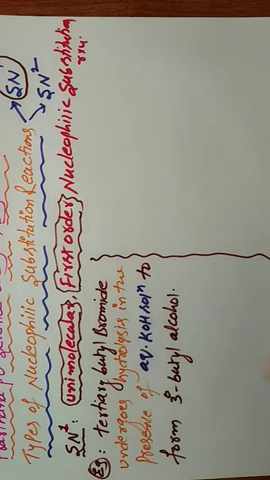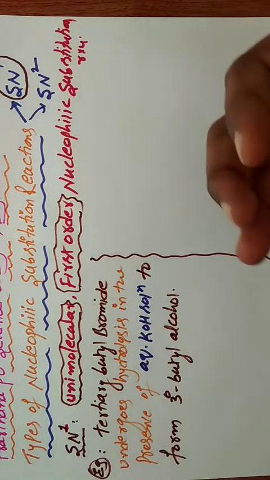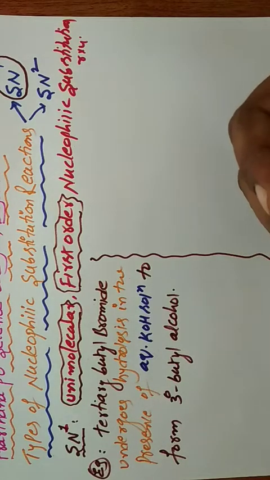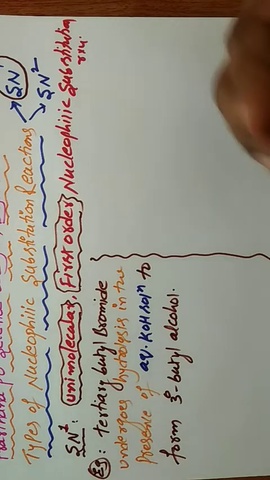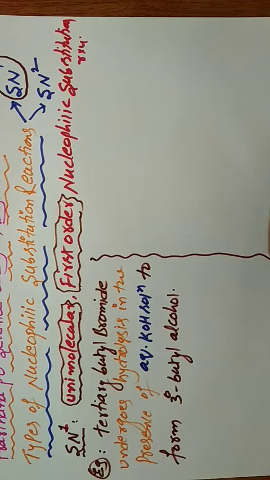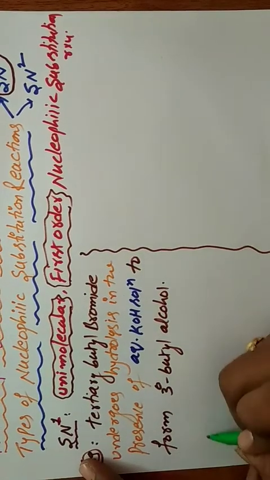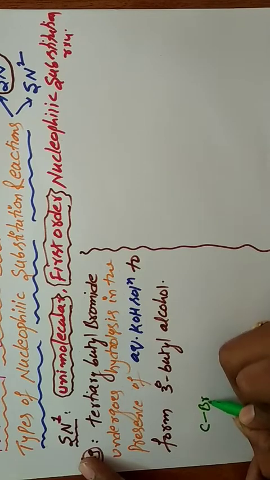Tertiary butyl bromide. Already in the introduction of alkyl halides we discussed primary alkyl halide, secondary alkyl halide, tertiary alkyl halide. What is the meaning of tertiary? It means the halogen attached carbon has 3 alkyl groups. Now we can draw the structure of tertiary butyl bromide. This is the bromine attached carbon.